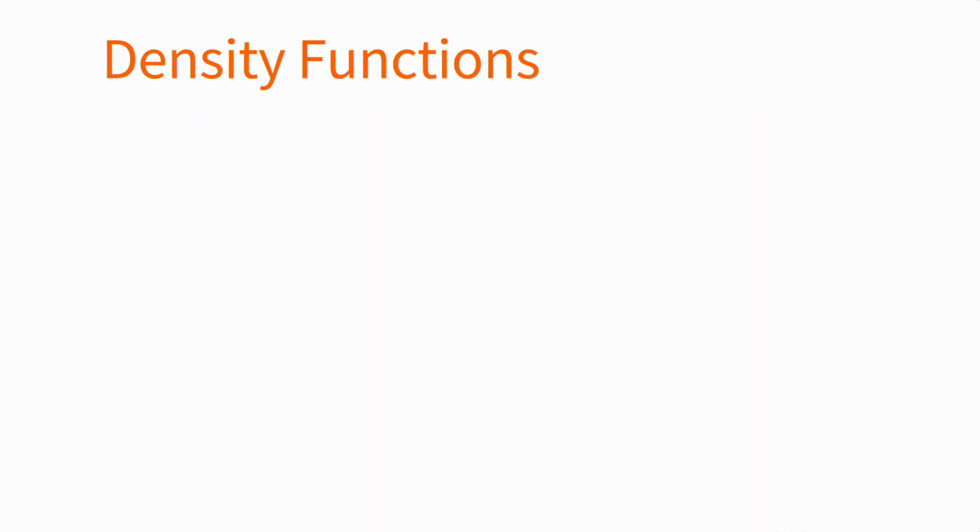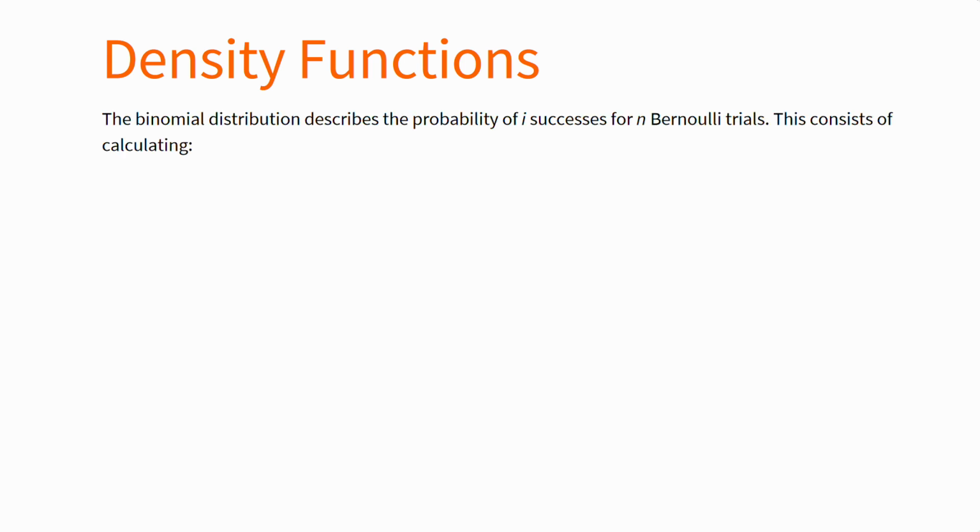Let's say a coin follows a Bernoulli distribution with the probability p of getting heads. What happens when you flip that coin n times? Well, the coin would be heads i times and tails n minus i times. If you remember lesson 2, this means that there are binomial(n, i) ways of getting these successes.